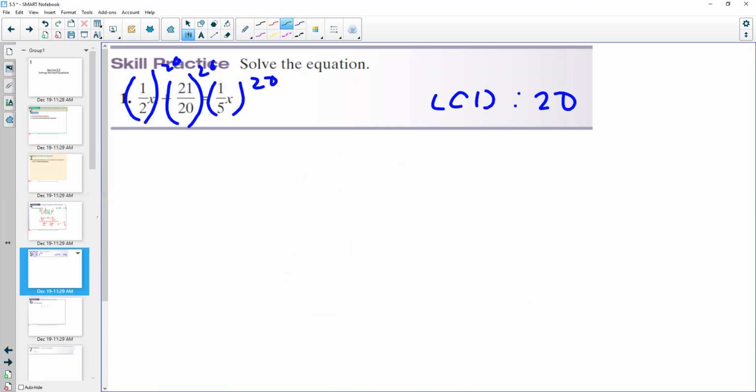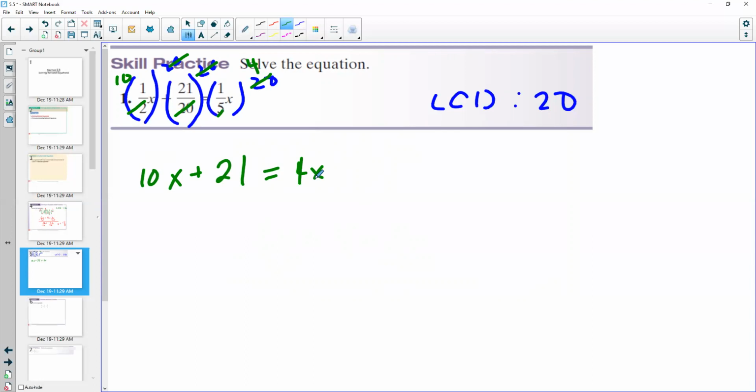So I am going to multiply every single part by 20, each piece individually, and then I'm going to simplify. 2 goes into 20 10 times. 20 goes into 20, they just cancel. 5 goes into 20 4 times. What's left? On this side, I have 10x plus 21 equals 4x. Works the same way, right? You know how to solve from here.